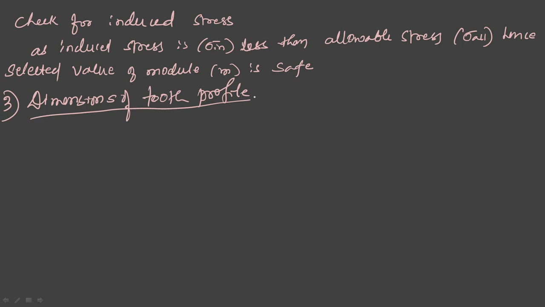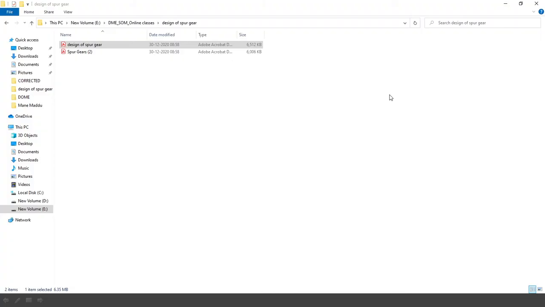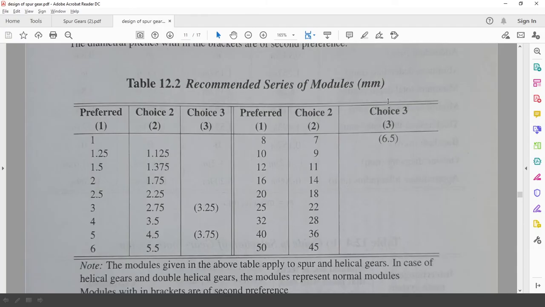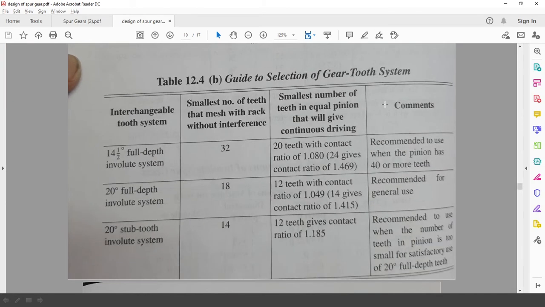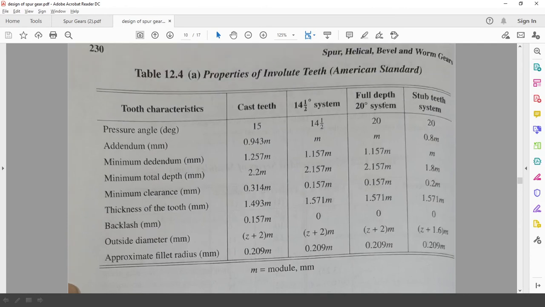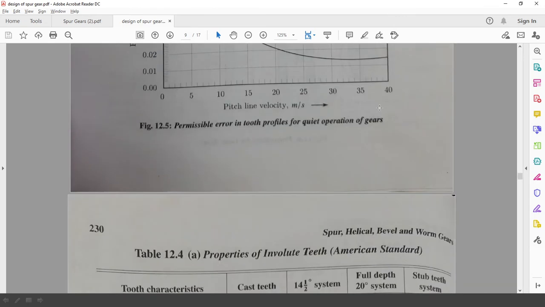So for this one, refer to the design data handbook. Notify the table.